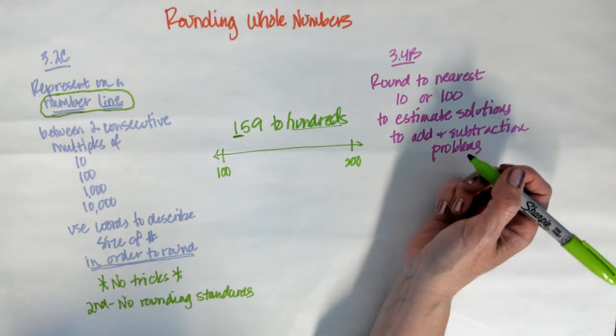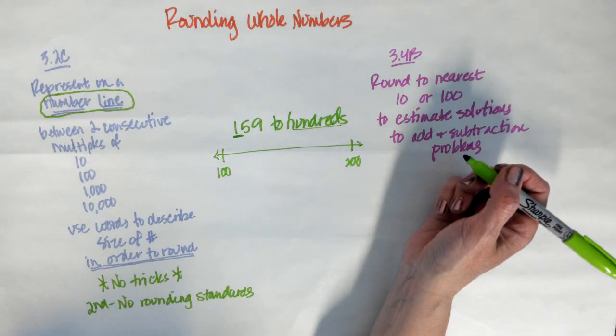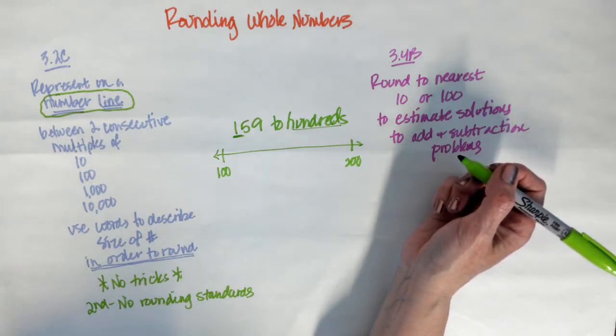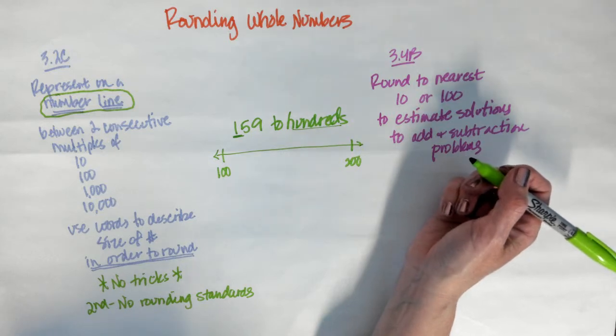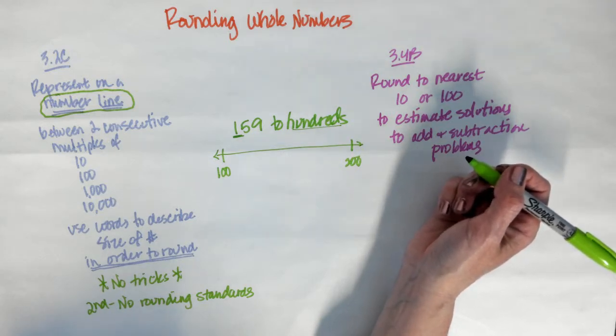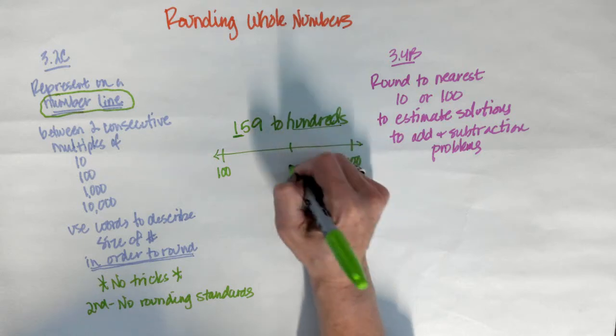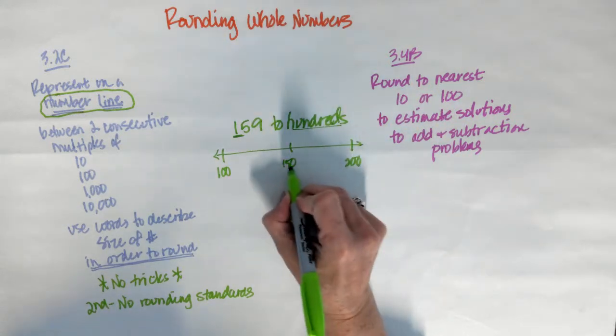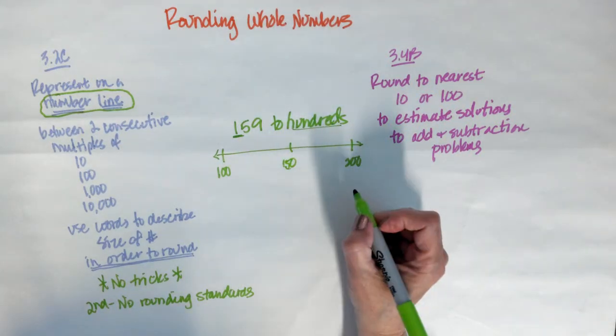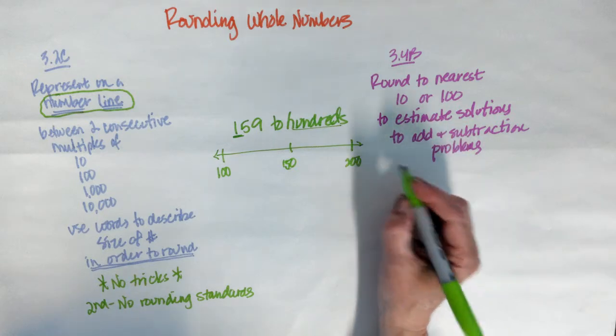I need to know where the middle is. So this is a great time to make that connection to money. What's halfway between $1 and $2? $1.50. So what's halfway between 100 and 200? 150. Where does our number 159 fall on this number line?